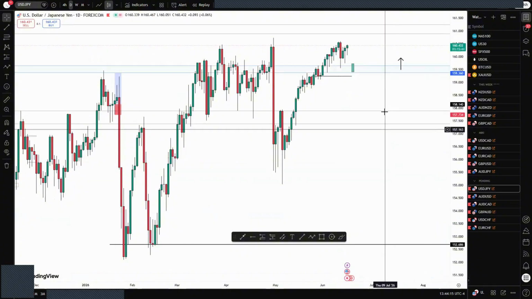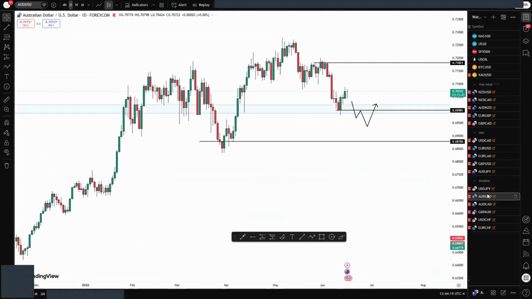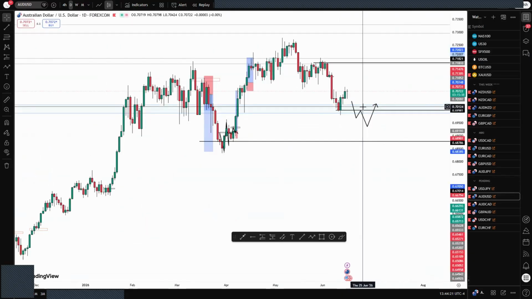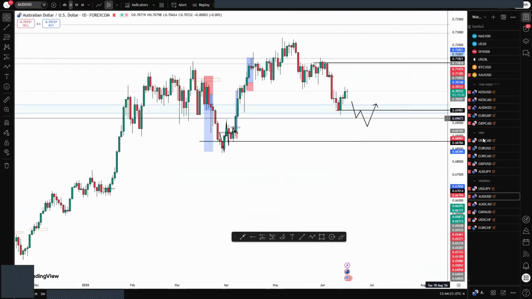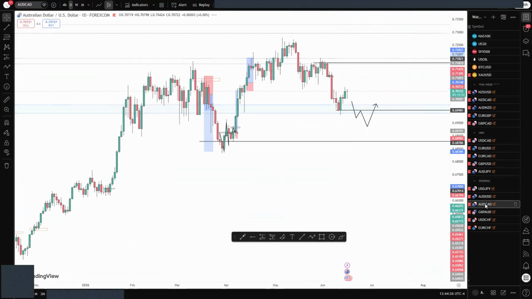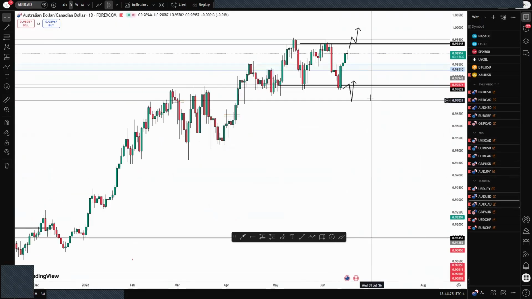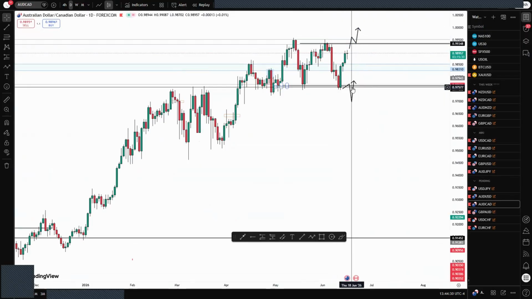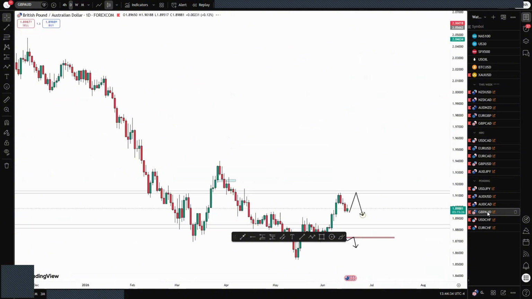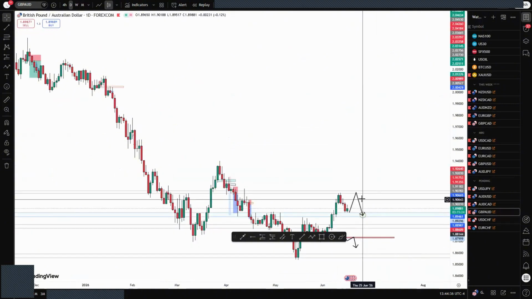USD JPY, no proper retest yet. This one, no shift yet. This one, no break above for shift yet. GPAUD in the new high now.